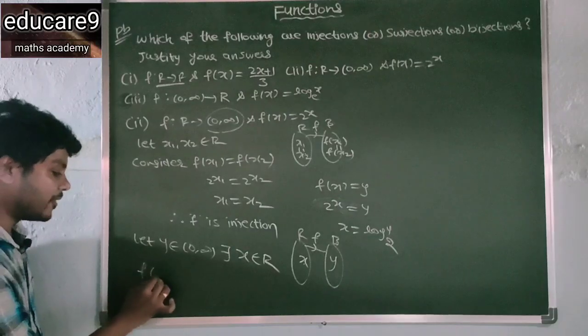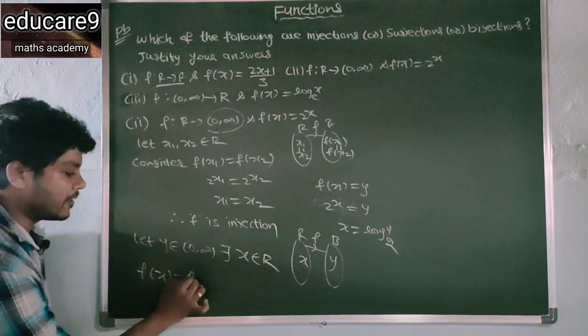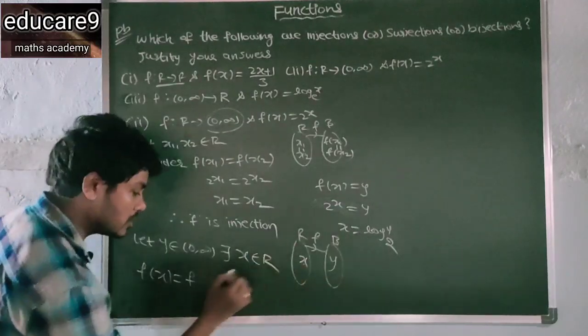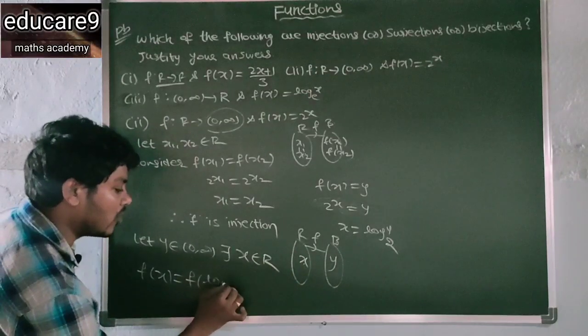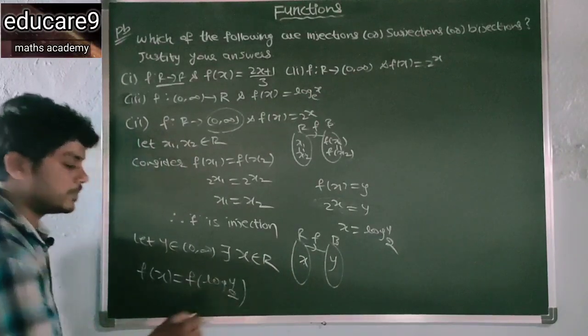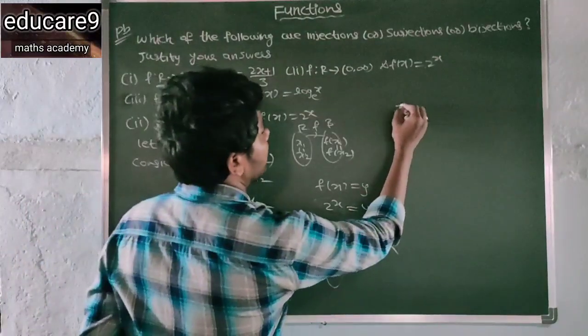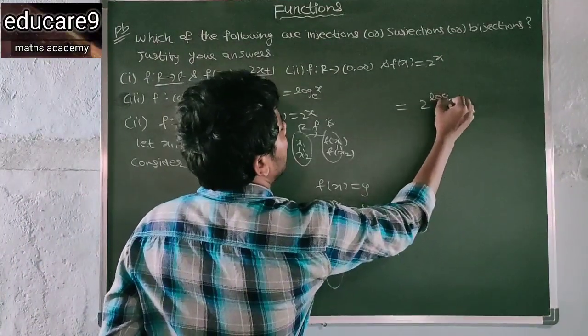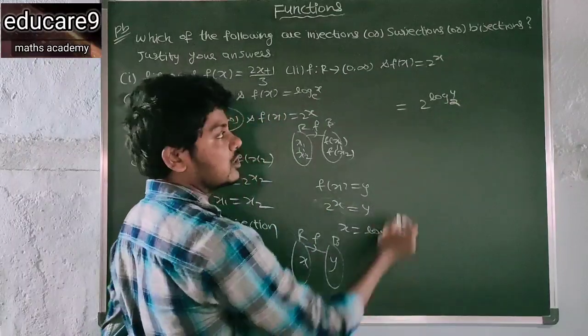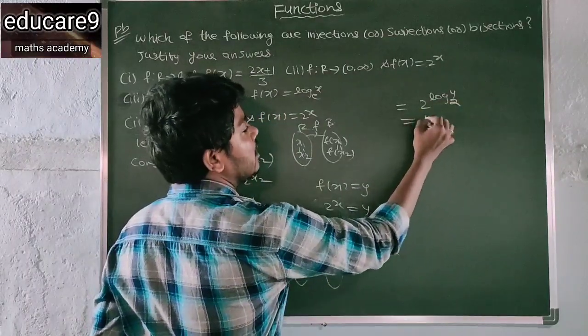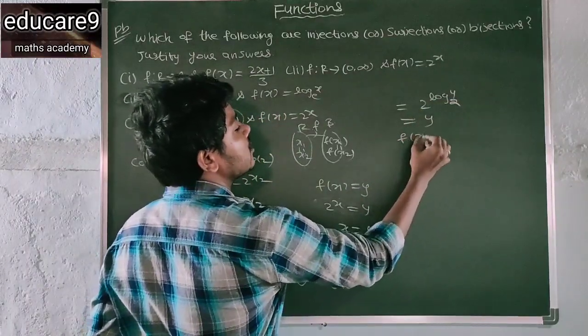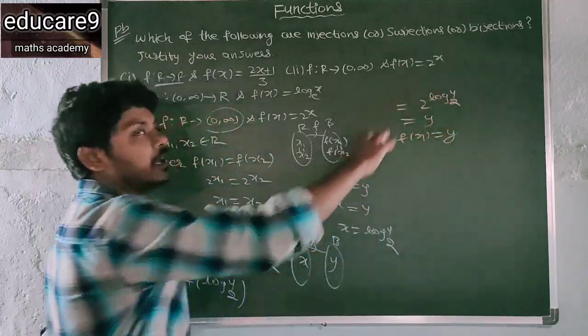So consider f of x. So what is f of x? The x value is log y base 2. Now replace x by log y base 2. So that is 2 power log y base 2. So clearly these are cancelled. You get f of x is equal to y.